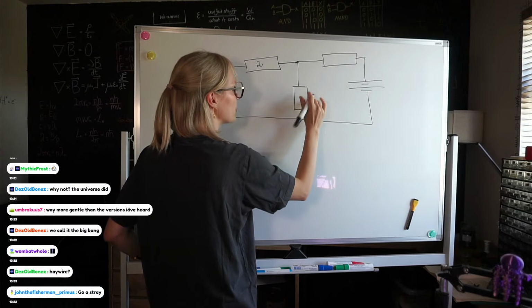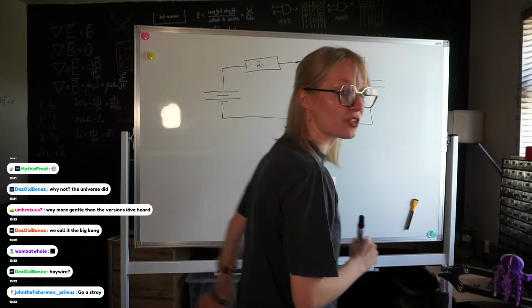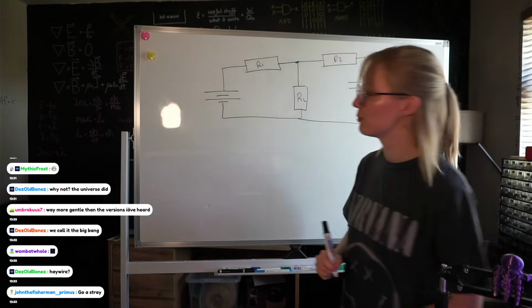What's handy about drawing diagrams with rectangular blocks is that you can actually write the value of the resistor in the rectangle.